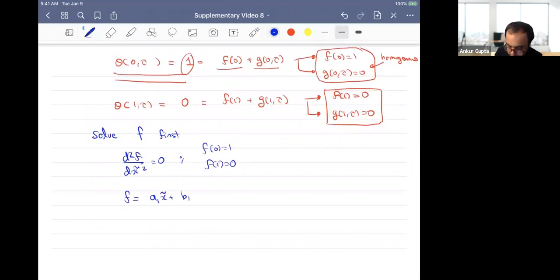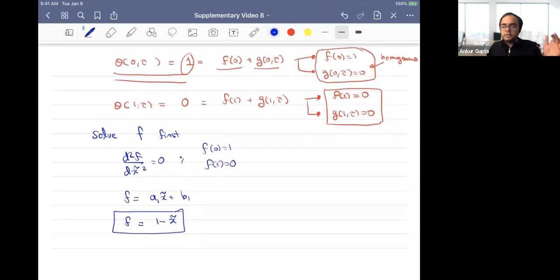I invite you to substitute this. When you substitute the values, you'll get f is equal to 1 minus x. And this makes sense because the value is 1 at one end and 0 at the other, and it's a linear function, so it should be 1 minus x. So we get this.